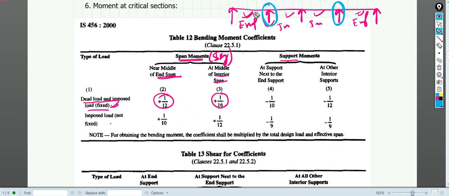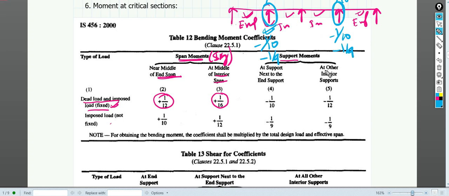Okay, so it is minus 1 by 10 for dead load, here also minus 1 by 10. Probably you cannot see, so here it is minus 1 by 10, minus 1 by 10. Minus because we are talking about hogging moment. Hogging moments are represented as minus, and for live load it is minus 1 by 9, minus 1 by 9.